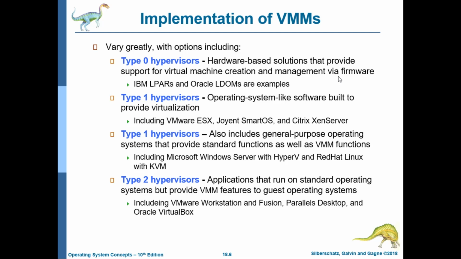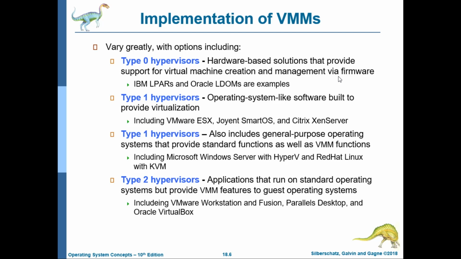Another variation of type 1 hypervisors can be general purpose operating systems that provide standard functions as well as virtual machine functions. Examples of these are Microsoft Windows Server with Hyper-V, or hyper-virtualization, and Red Hat Linux with KVM. KVM stands for kernel-based virtual machine. So type 1 hypervisors have two variations.